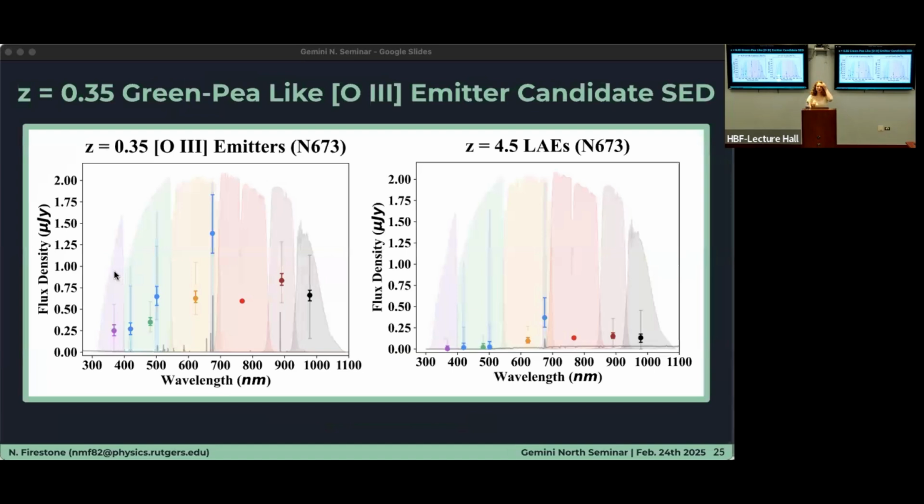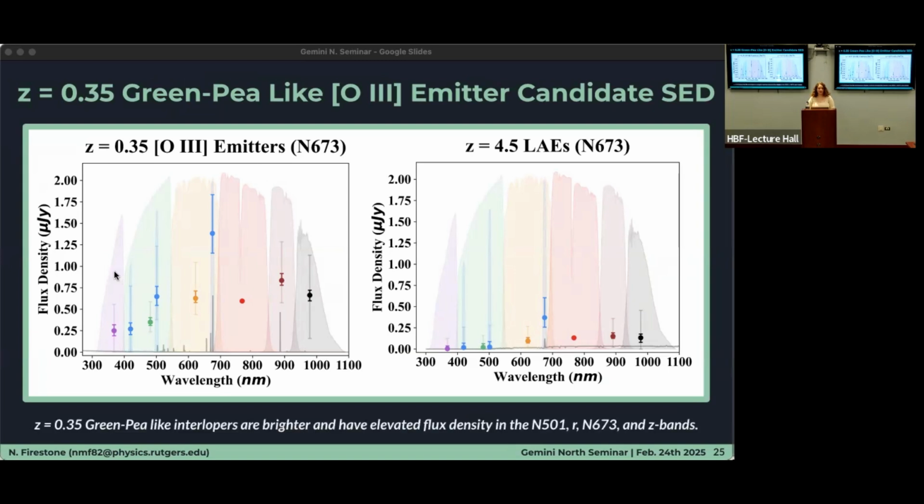Okay. So back to our SEDs. I'd like to compare for a sec our interloper populations to the high redshift LAE sample. So on the left here, we have our green pea-like galaxies, and on the right are our redshift 4.5 LAEs. And what we see here is that our green peas are way brighter.